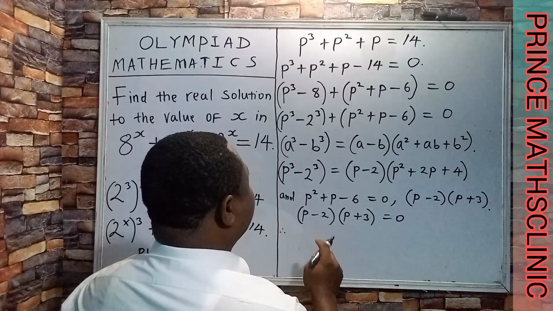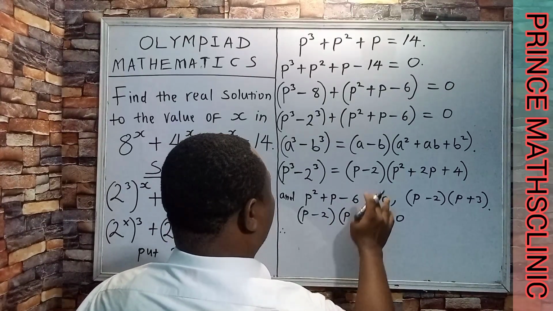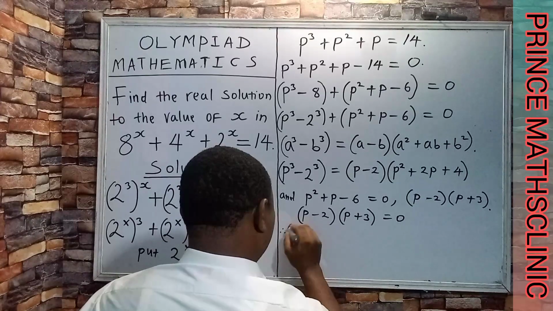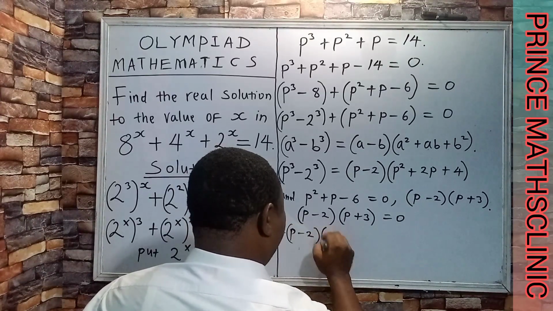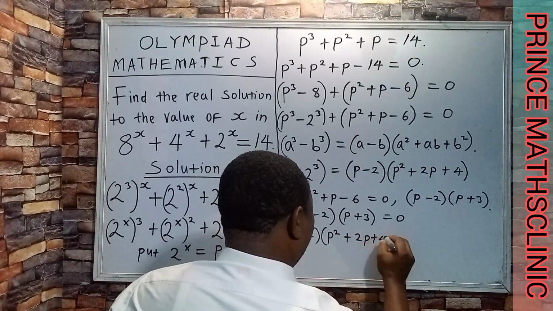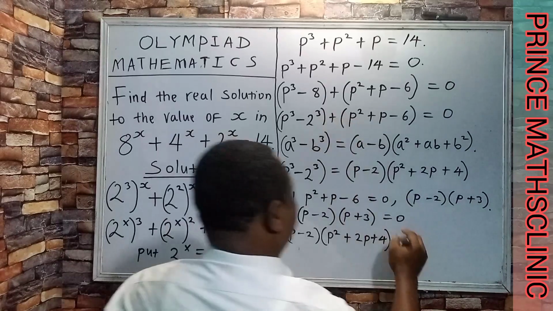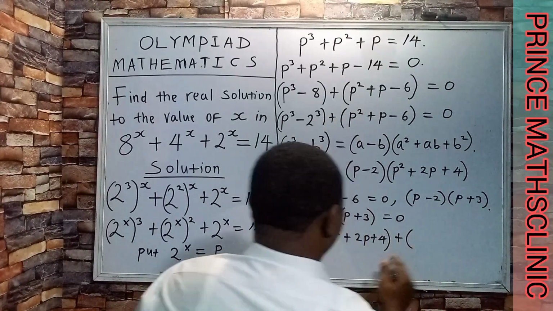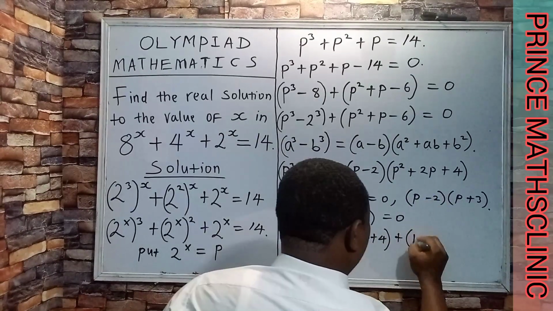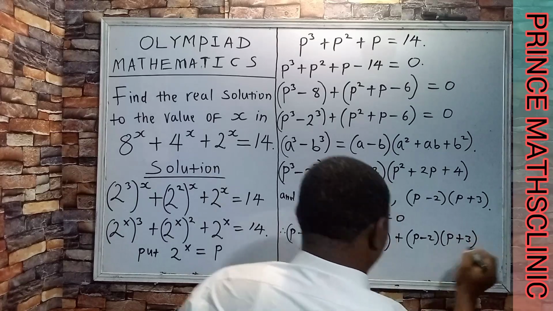So instead of writing p minus 2 cube, I'm going to put the results that we obtain here, which is p minus 2, then multiply by p squared plus 2p plus 4, right? Good. Then plus here, the result we obtain from this, p minus 2 and p plus 3.